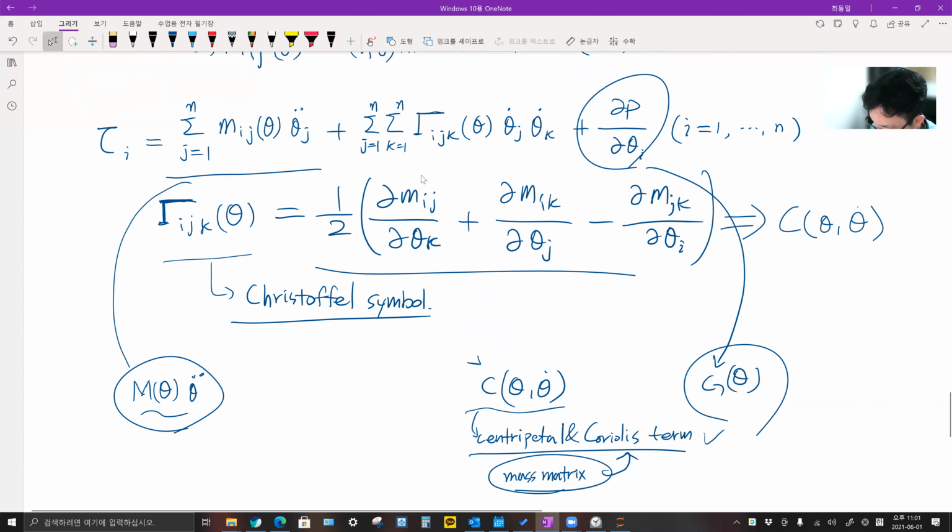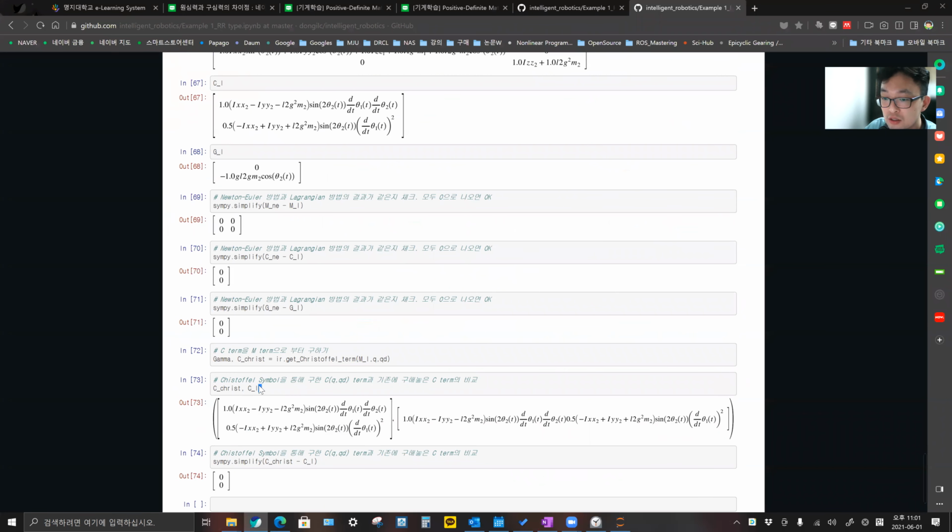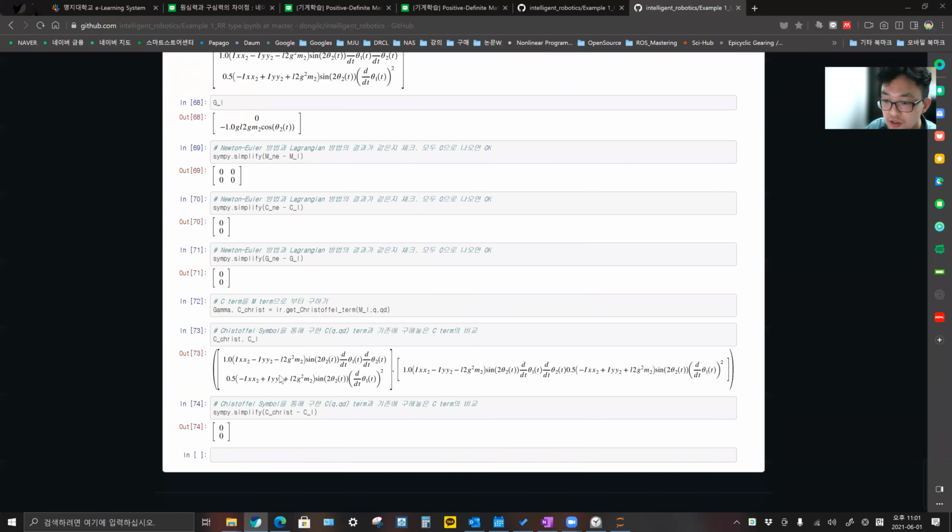This one is the centripetal and Coriolis term. This kind of thing is also done in the intelligent robotics library. In this library, we calculated the C term using the mass matrix and Christoffel symbol. So this one is the result. These two are the same, so we also confirm the system is properly solved.